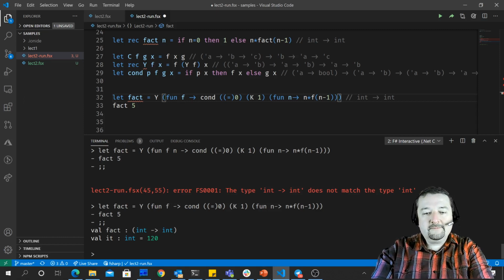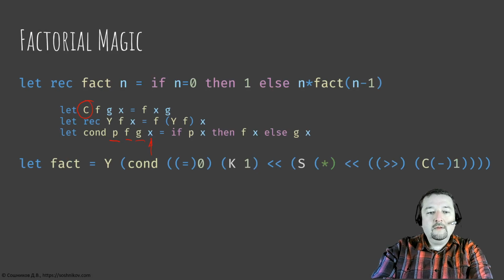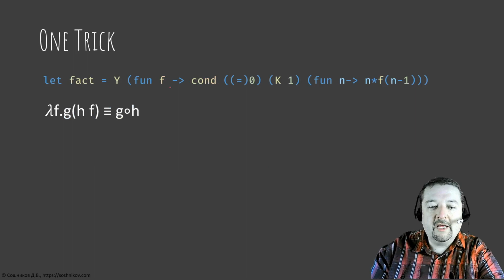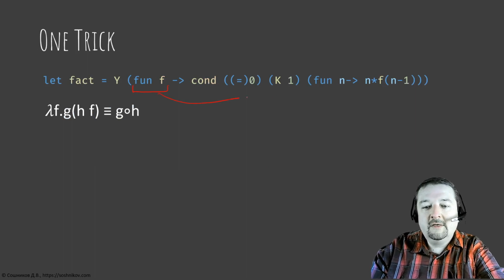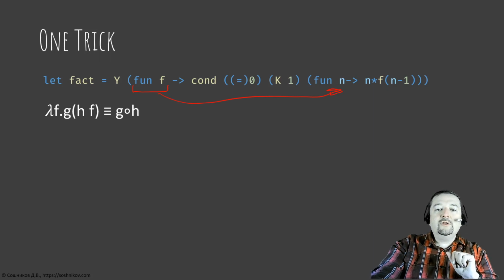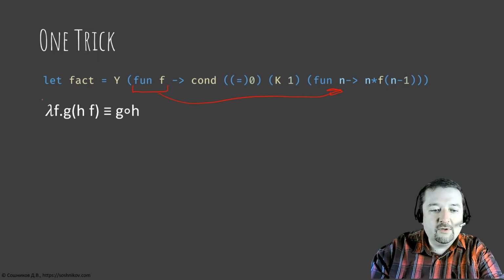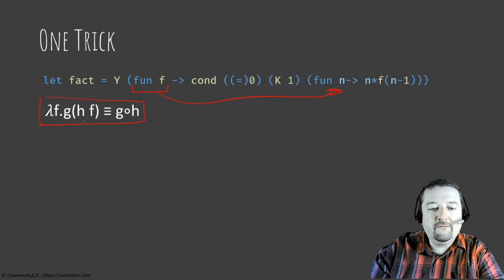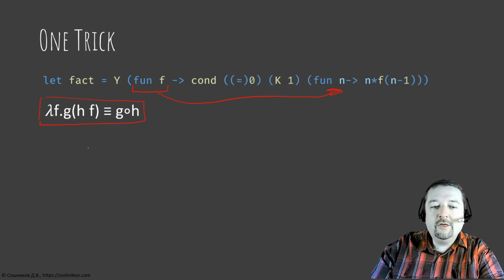How can we do that? Well, to do that, we have this expression, and we want to move this fun f somewhere towards the end. So how can we do that? Let's consider just for the moment this expression, lambda f g of h of f. So why do we want to consider this?